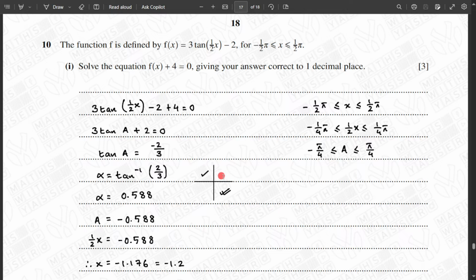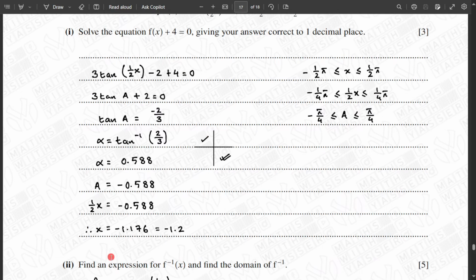We can't have any angle in the first quadrant because tan is not negative in this quadrant. So that is the only value that we can have. And a is half x. So half x is equal to minus 0.588. So x should be equal to, by multiplying 2 with minus 0.588, we get minus 1.176. Or corrected to two decimal places, we will get minus 1.2.